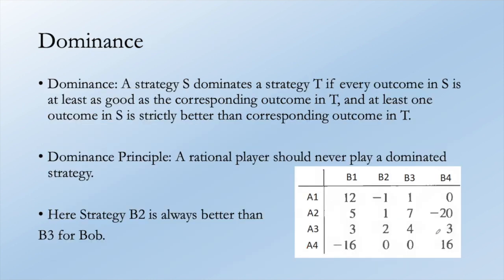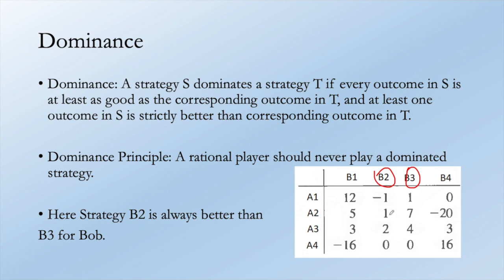Another principle which is widely used in game theory is dominance. You can see from this payoff matrix that some strategies are so inferior that Bob will never try to utilize them. If Bob compares B2 and B3, you will find element-wise that B3 is always inferior to B2. Because if Alice tries A1, B2 is a better option for Bob.